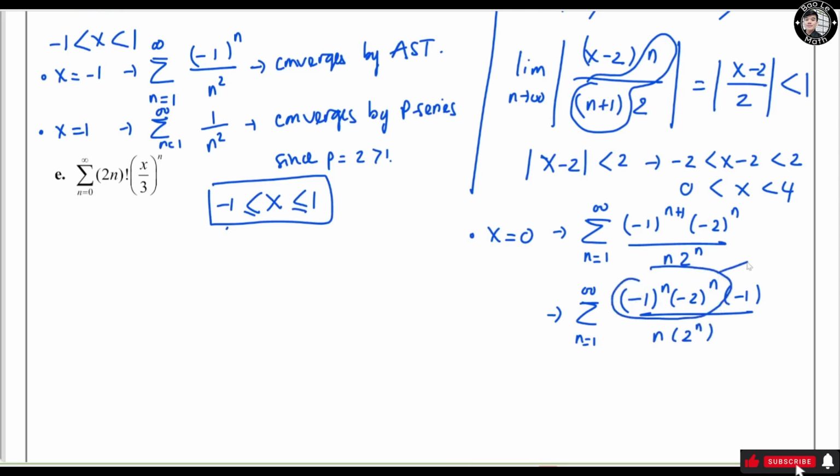You can combine these, it's going to be 2^n, so this cancels out. You end up with the series -1 over n, when n goes from 1 to infinity. This one diverges by the harmonic series.